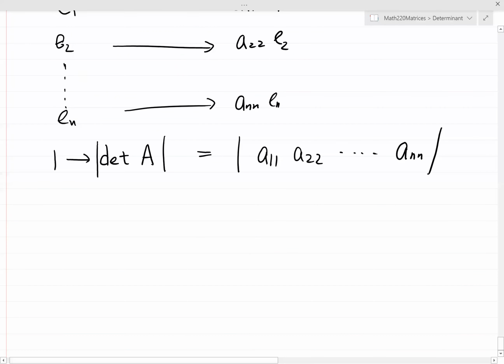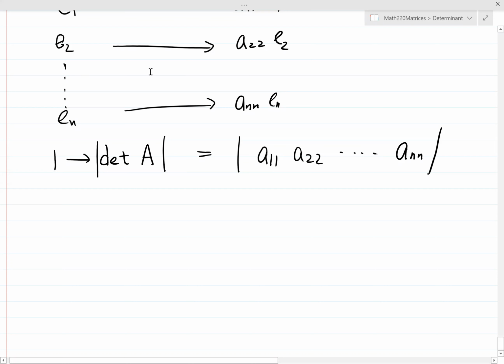Now we talk about properties of determinant. Right now, the geometric meaning of determinant is the change of volume.